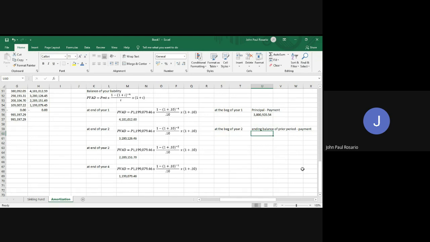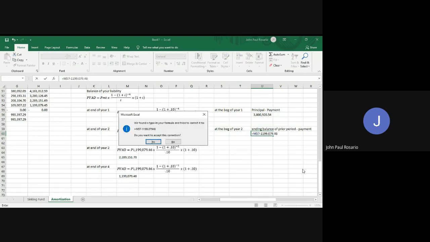So in this case, for example, for the beginning of year two, this is our balance of prior period, which is our year-end balance at year one, and then we deduct our 1,199,079.46, which is our payment.